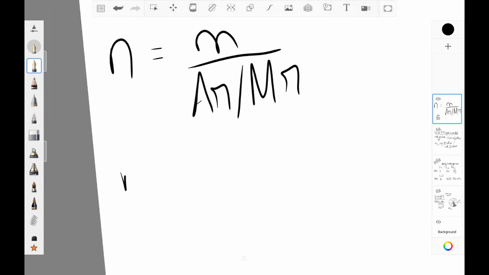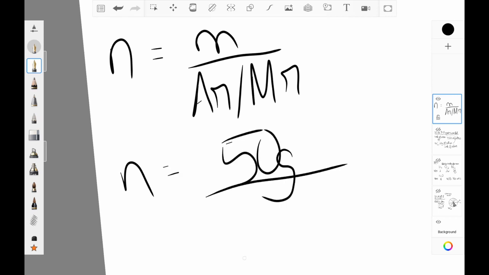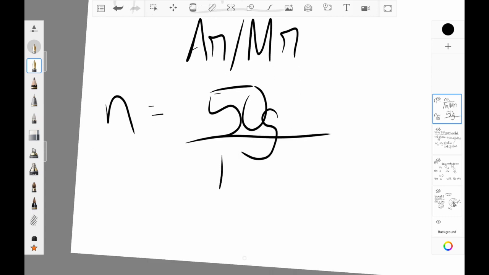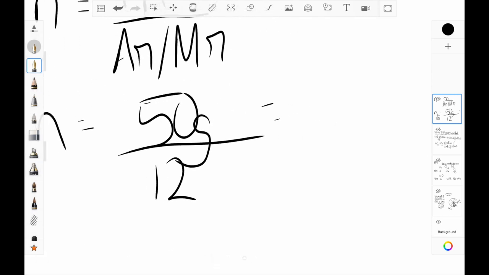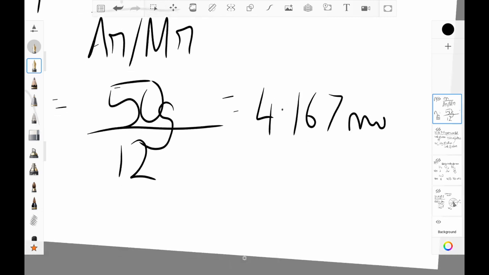So N is equal to 50 grams over 12, because that's the AR of carbon, and that would give you 4.167 moles. The unit for moles is mol, so you can just write mole. And that's the very first formula in this unit.